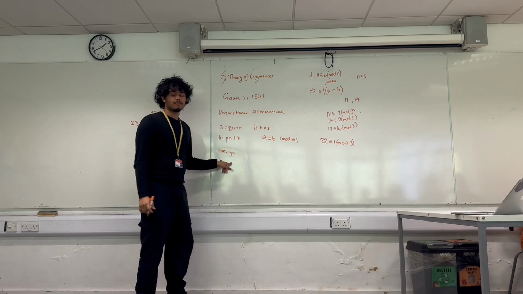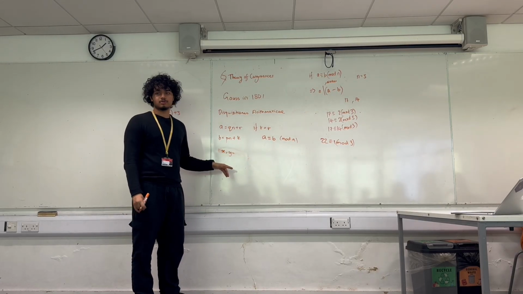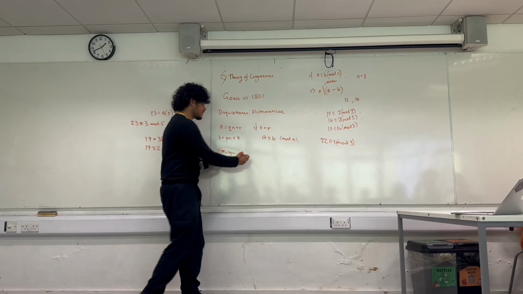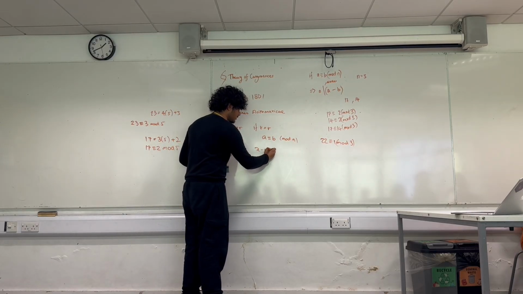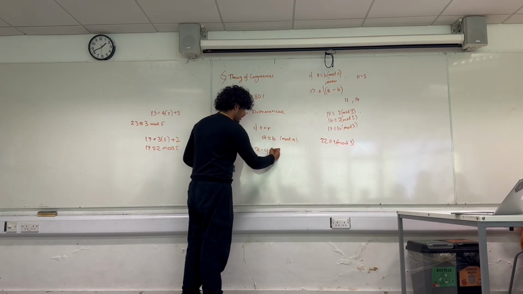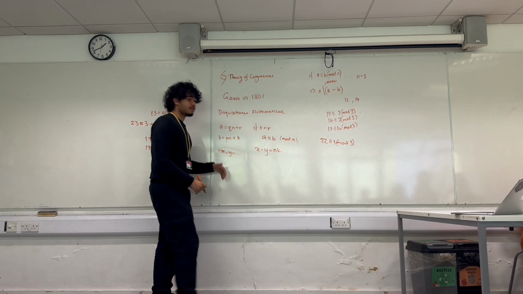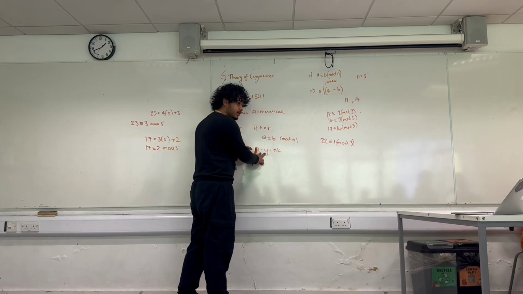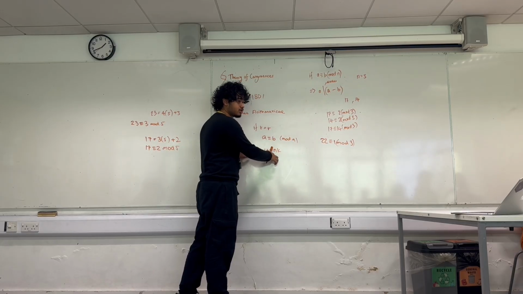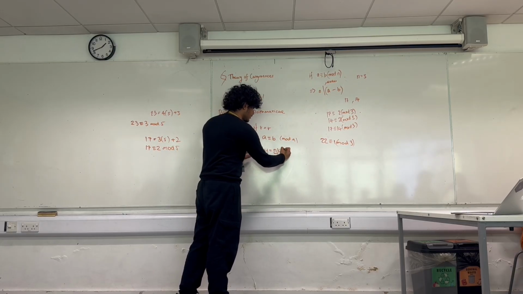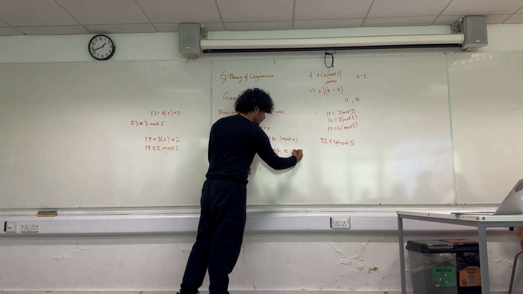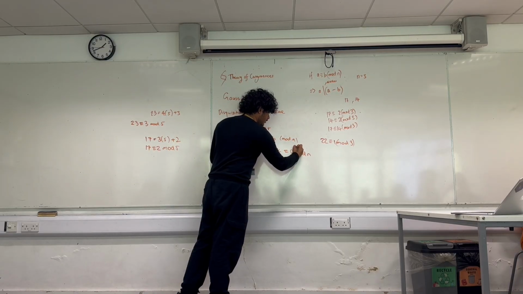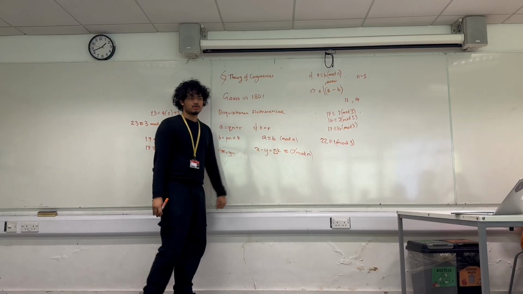If they differ by an integer multiple of the fixed modulus, if x minus y is equal to nk, then they are congruent to each other modulo n, because x minus y will be congruent to 0 mod n. What happens if I divide nk by n? What remainder do I get?